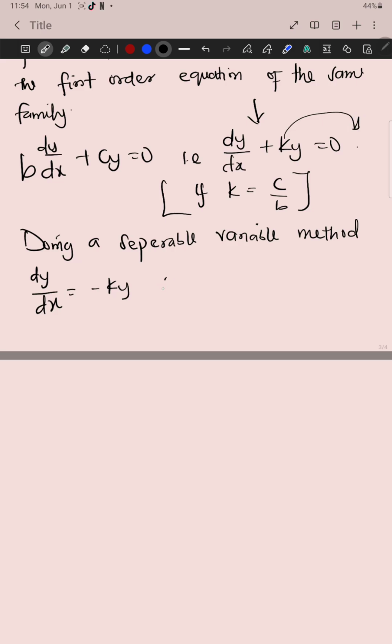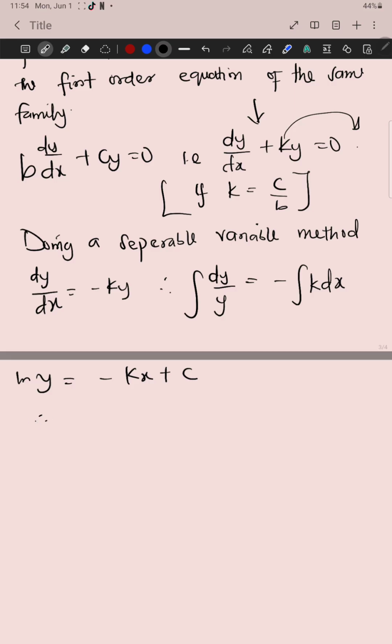Then we have dy over y is equal to negative k dx. And so at this point you will have ln y is equal to minus kx plus c.